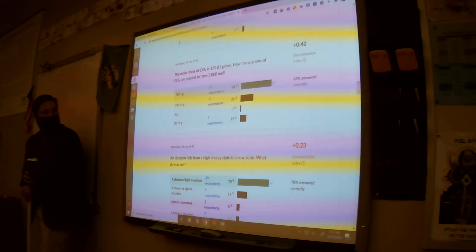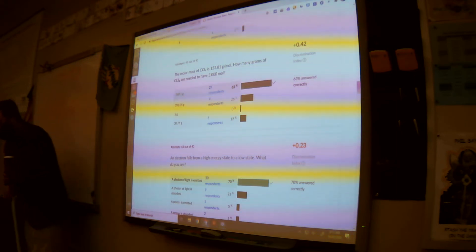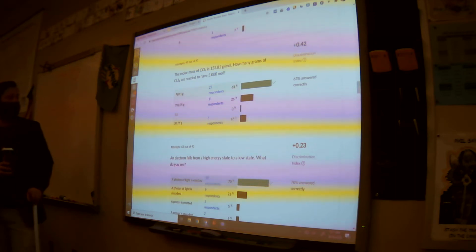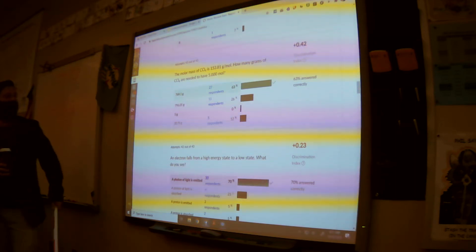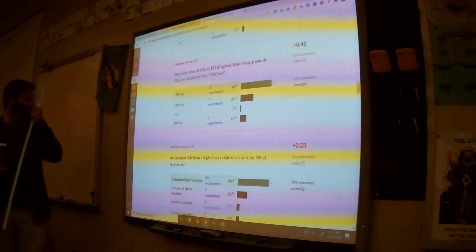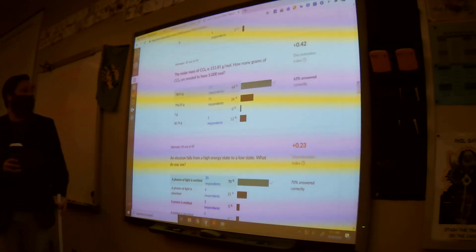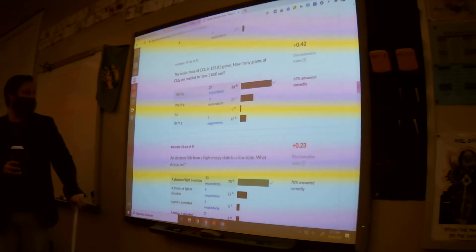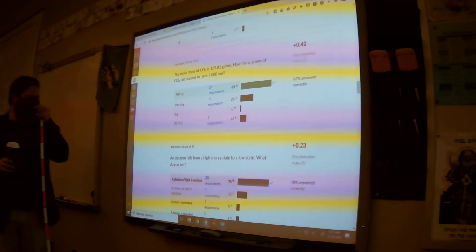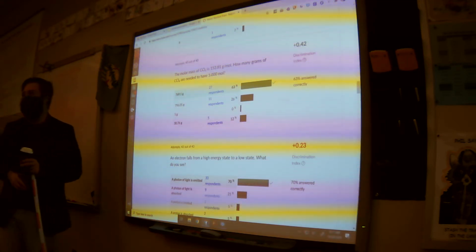The mass of carbon tetrachloride, CCl4, is 153.1. So I just gave you that there. How many grams of carbon tetrachloride are needed to have 5 moles? Let's do another sanity check real quick.